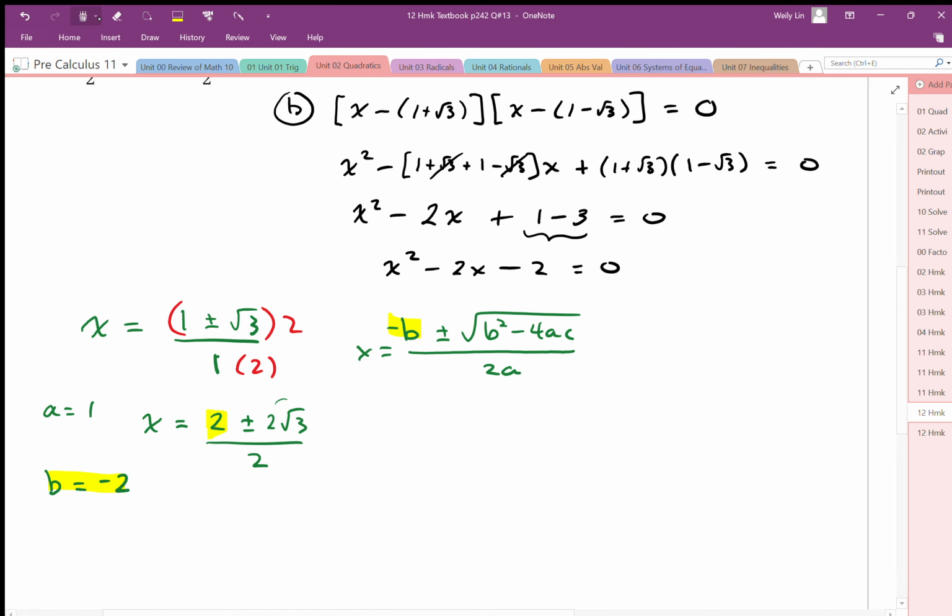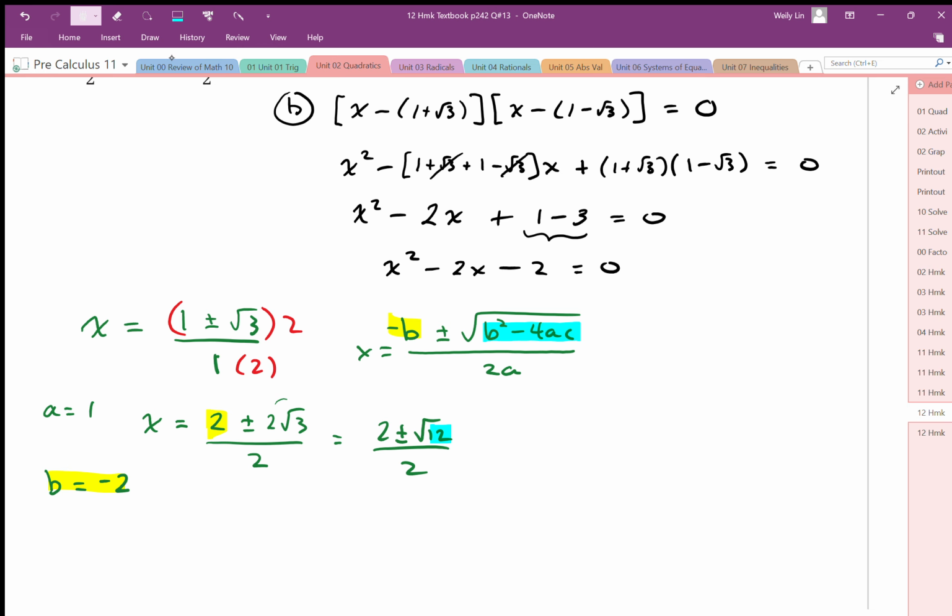Now I'm just going to rewrite this here: this is equivalent to x equals 2 plus or minus the square root of 12 over 2. Now I'm going to match the inside part of that. So this needs to match the 12 here. And we already know what b and a are.